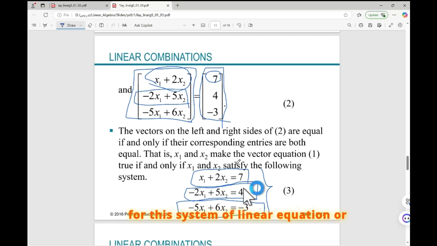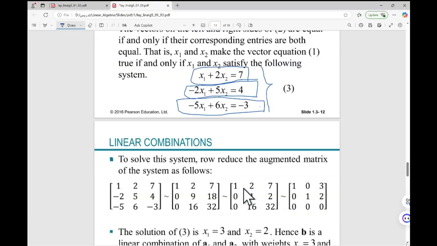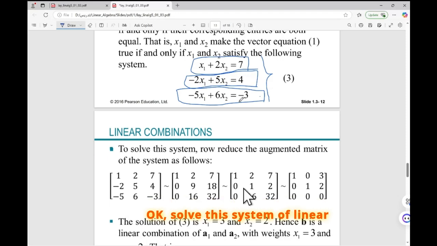At least one value for x1 and one value for x2, so that these equations hold. So, okay, solve this system of linear equations.